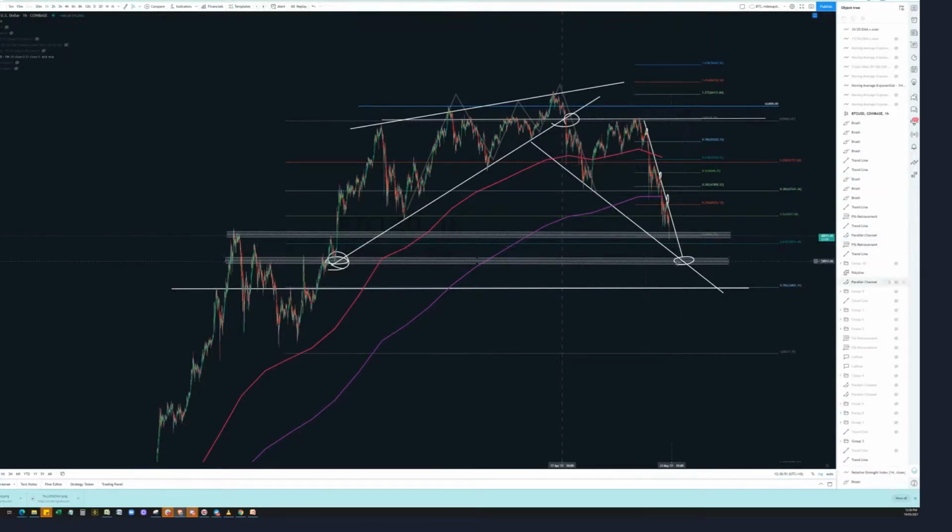This is the range, which is 37, 38. And I did say this was a strong resistance level. And when we broke it, it became tested and went up. So this second level is much more of interest in my opinion.